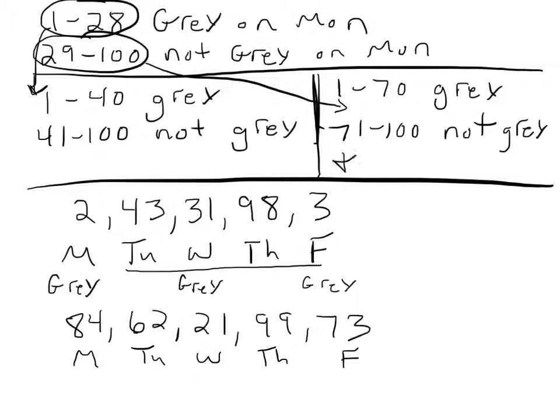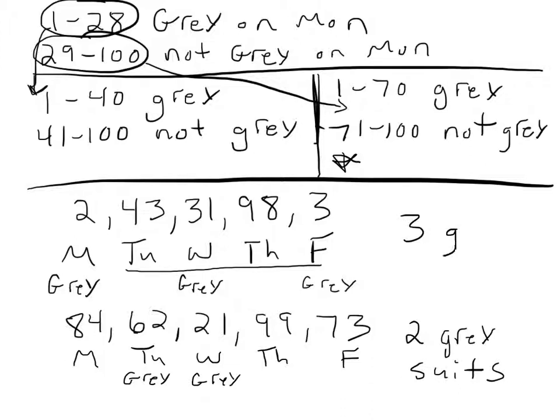So I'm using those digit assignments, the 1 to 70 and the 71 to 100, for the rest of the week. Tuesday, gray suit, because that's between 1 and 70. Wednesday, gray suit. Thursday, not gray. Friday, not gray. So I only got 2 gray suits for the second week; the first week I got 3 gray suits.